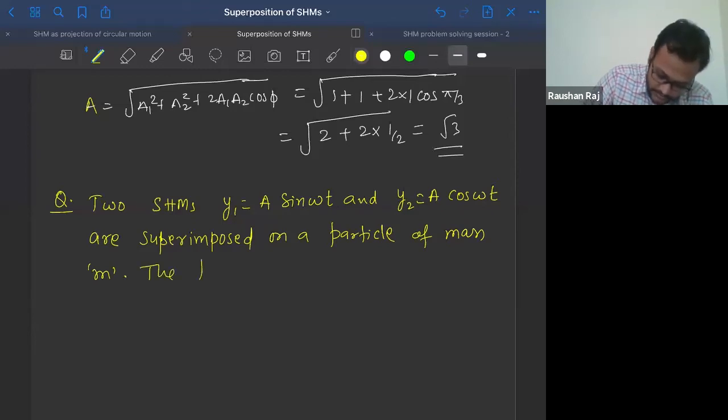The total mechanical energy of the particle is?